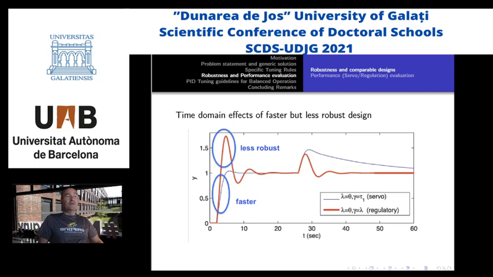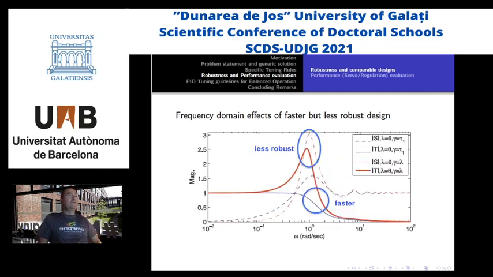The same can be analyzed in terms of the frequency domain. In the frequency domain, a faster design basically means that you have a higher bandwidth.